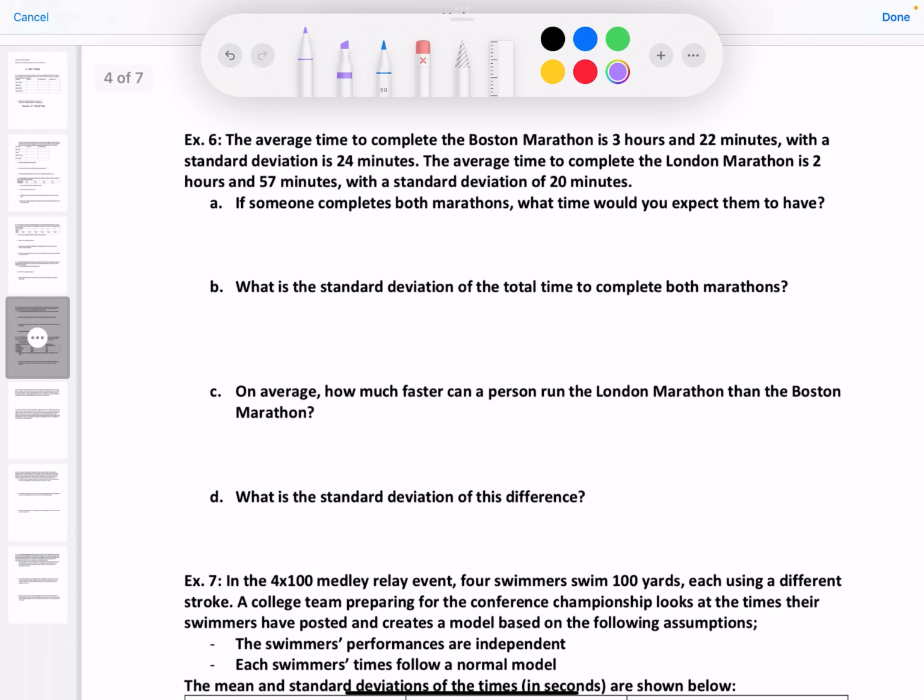So I want the total time to complete. How would I find that? What would I do with the 2 times?